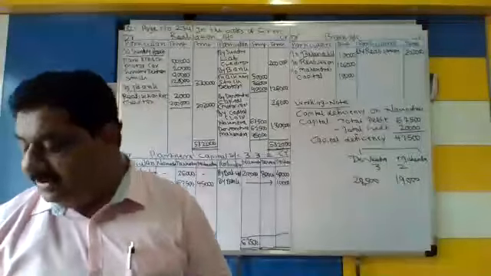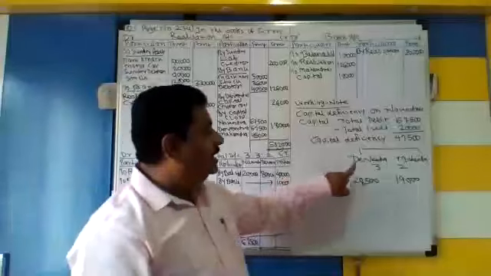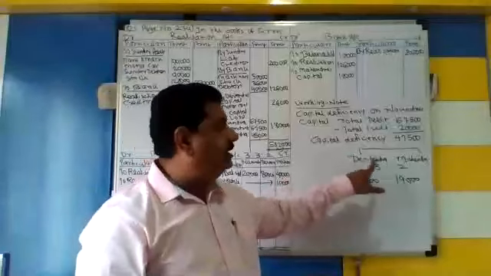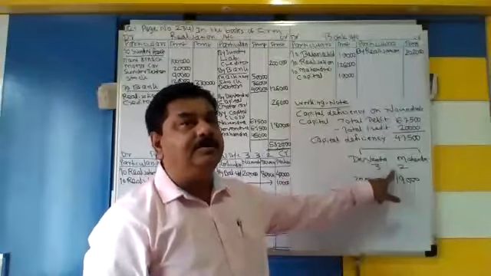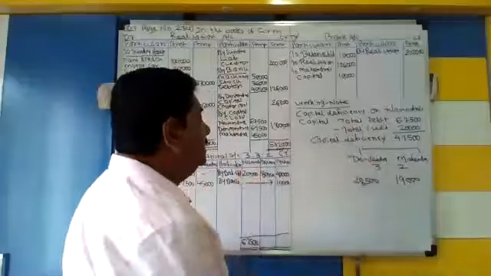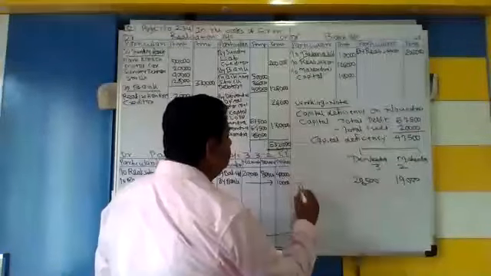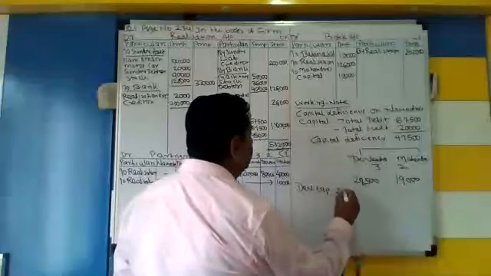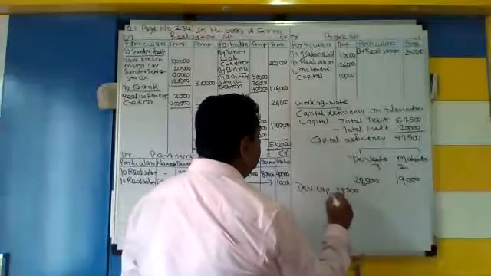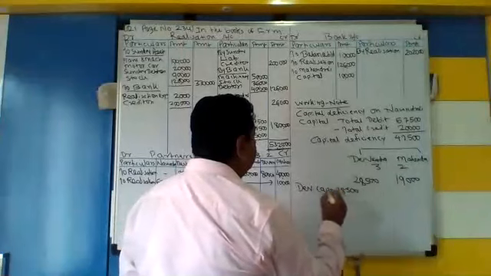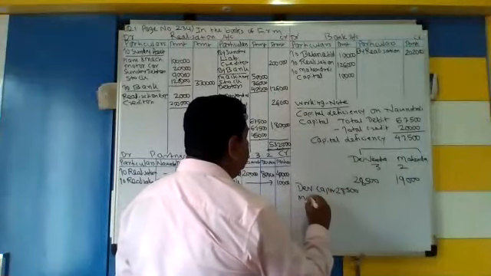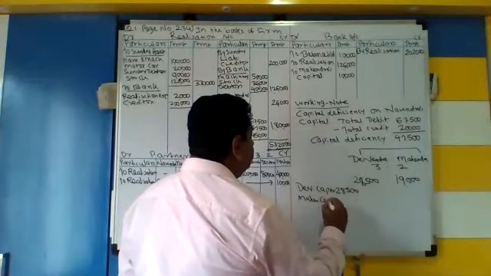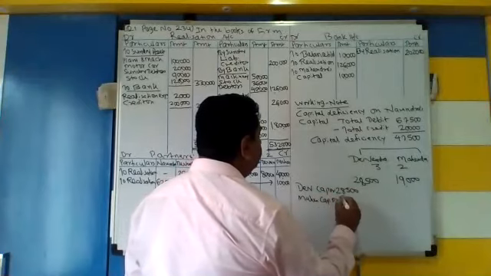Now the entry for this is Devendra's capital account debit, Mahendra's capital account debit to Narendra's capital. The entry will be like this. I am just writing the entry for your understanding, because entries are not required.